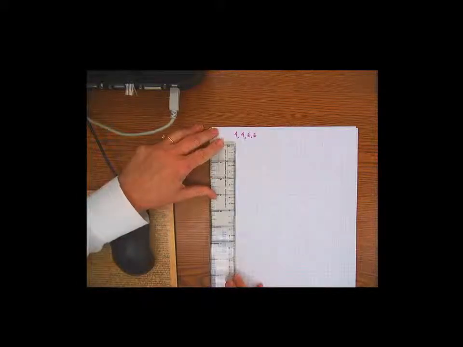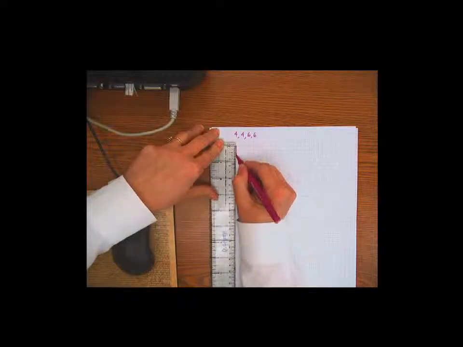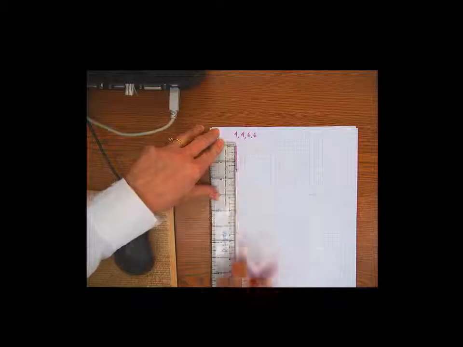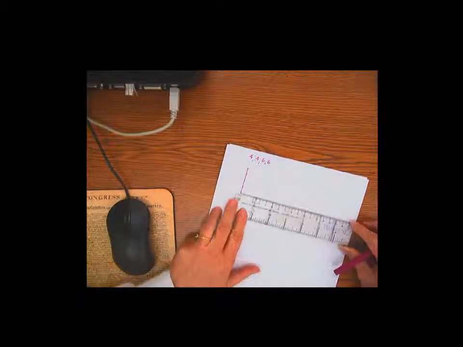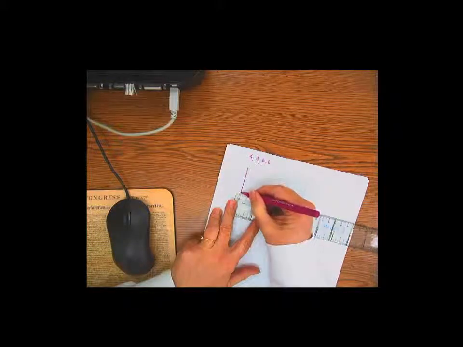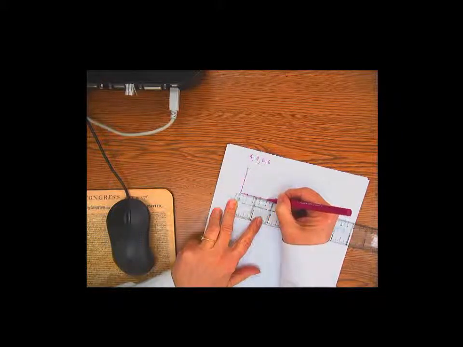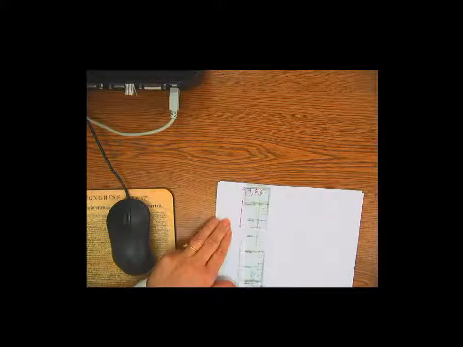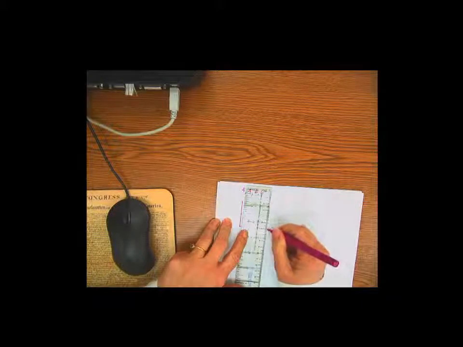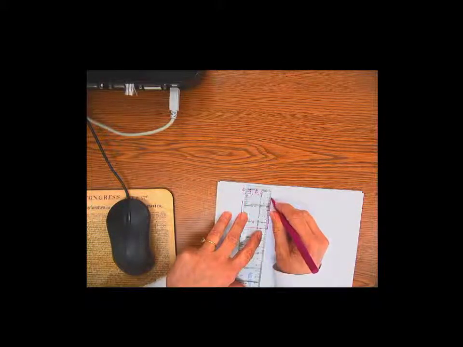I'm going to do 4: 1, 2, 3, 4, and I'm going to do 4 this way: 1, 2, 3, 4, and I'm going to do 6: 1, 2, 3, 4, 5, 6.